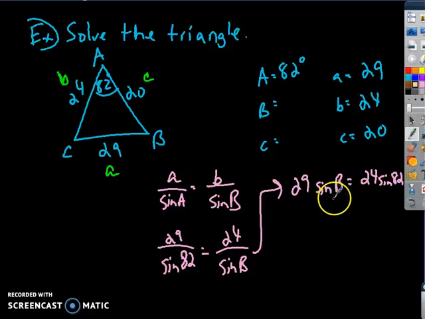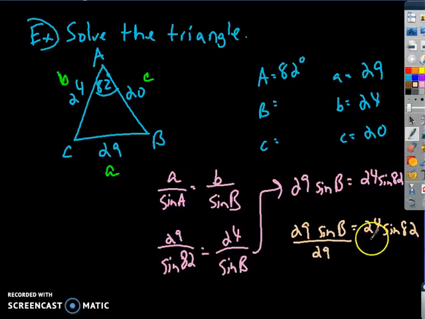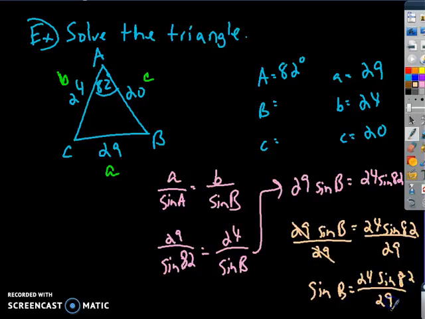From there, I want to isolate sine of B, so I've got to divide both sides by the number next to it. So we divide this by 29, divide that by 29. These 29s cancel, leaving you with sine of B equals 24 sine 82 over 29. I need to figure out what this value is. I'm out of space there, so I'm going to move it over here.